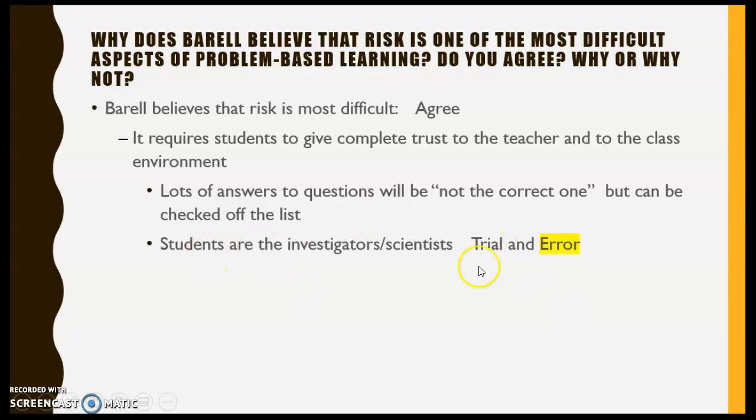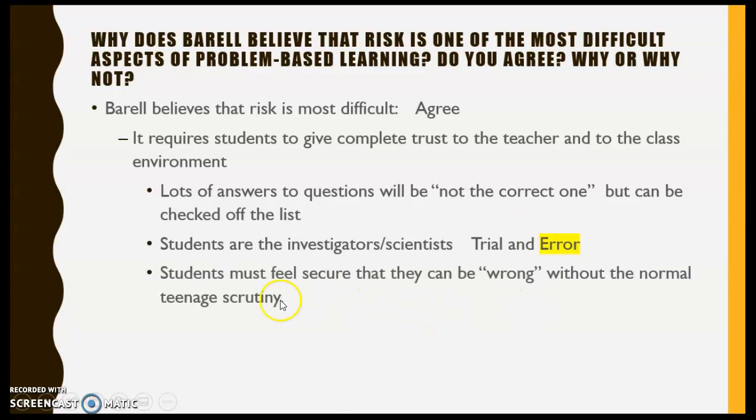In problem-based learning or inquiry-based learning, students are the investigators or the scientists, and that's usually trial and error. So error, you have to have a really good psyche to be wrong. Students must feel secure that they can be wrong without the normal teenage scrutiny.